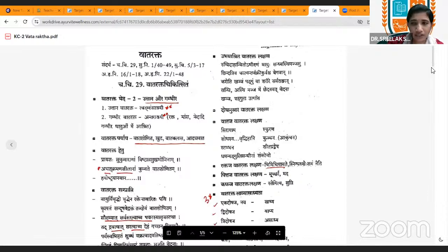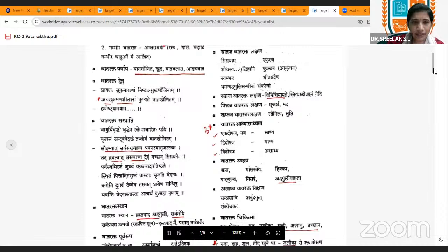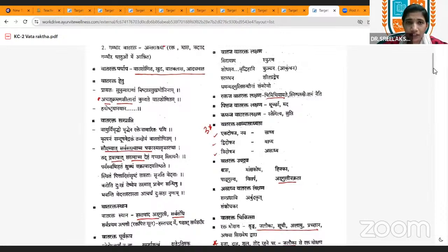And coming to the Hetu, I will not repeat the same portion. The Vatarakta Hetu is Achankramana Shilinam and also Sukumarana. It is mainly occurring in these kinds of people. And what is mainly happening here? Vata will vitiate along with the Rakta.